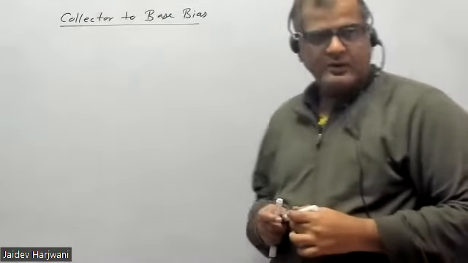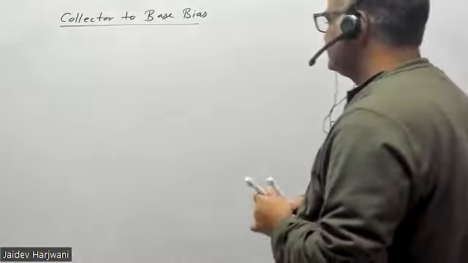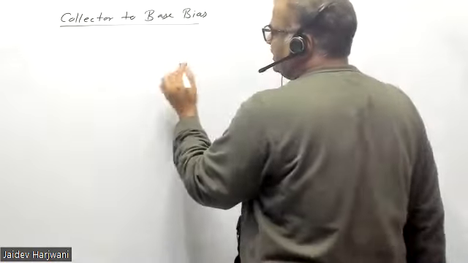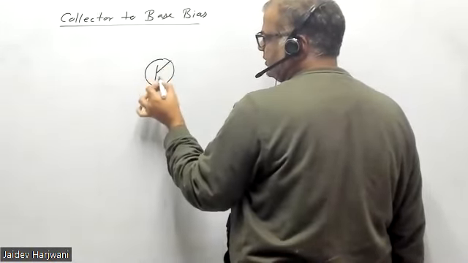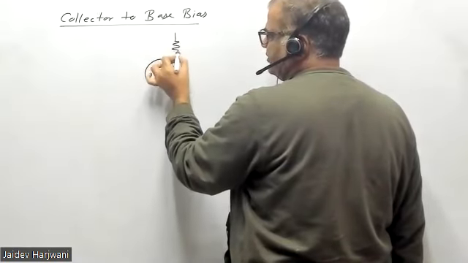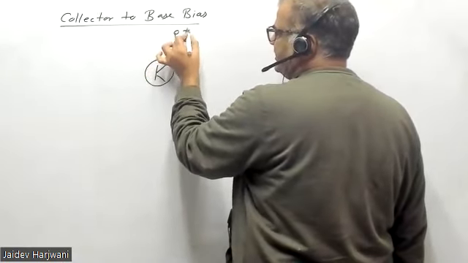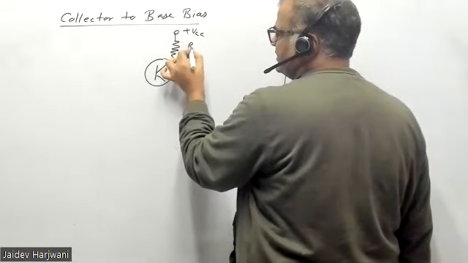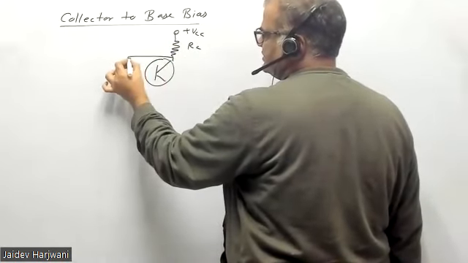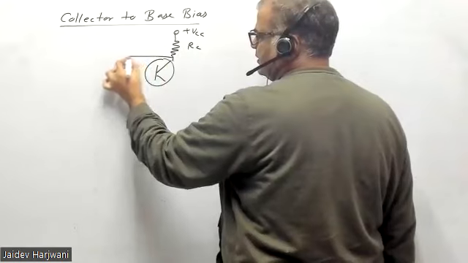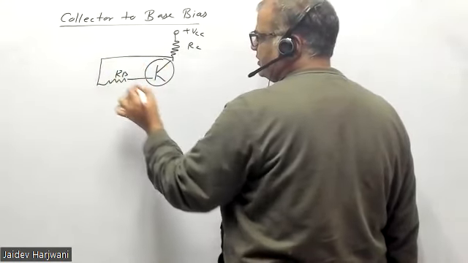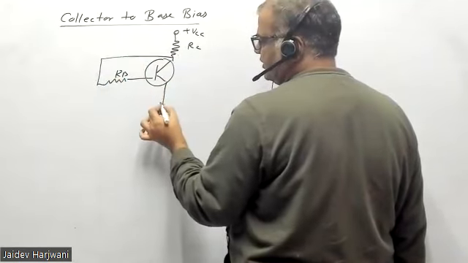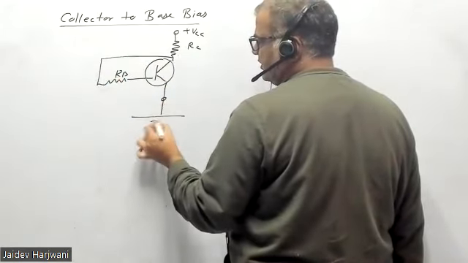So collector to base bias, that means now you have a transistor, plus VCC here, this is your RC, and one resistance is coming here, and then this is connected to the base, RB, and this is again grounded.